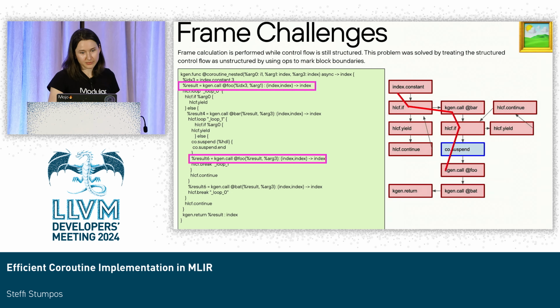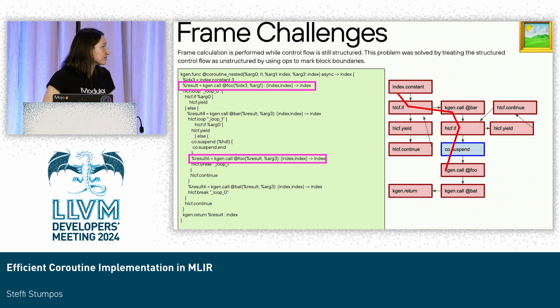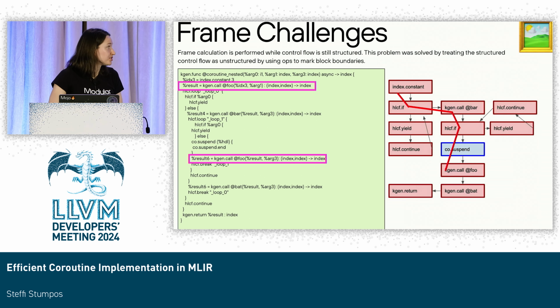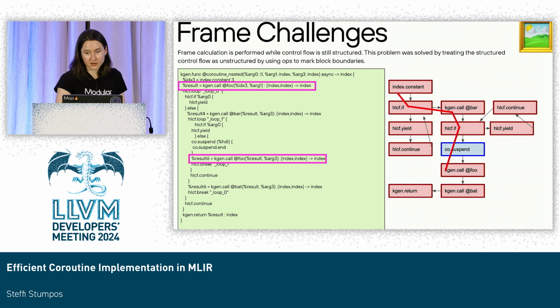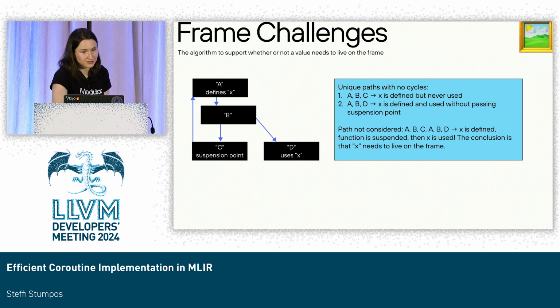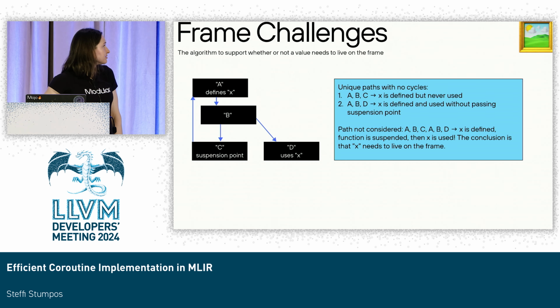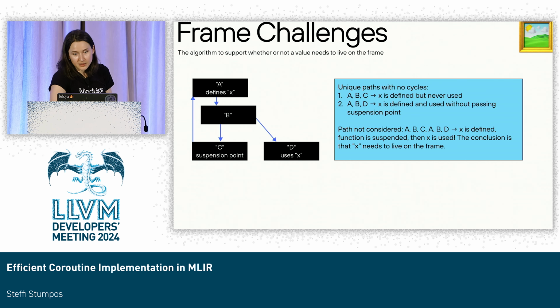And then what this algorithm attempts to compute is what values to store in the frame. So if there's a path from the definition to a usage that passes a suspension point, it needs to live on the frame. It can be kind of tricky because you can't just take all unique paths. So for example, in this path, if you just took the unique paths and stopped at cycles, you wouldn't notice that X needs to live on the frame.